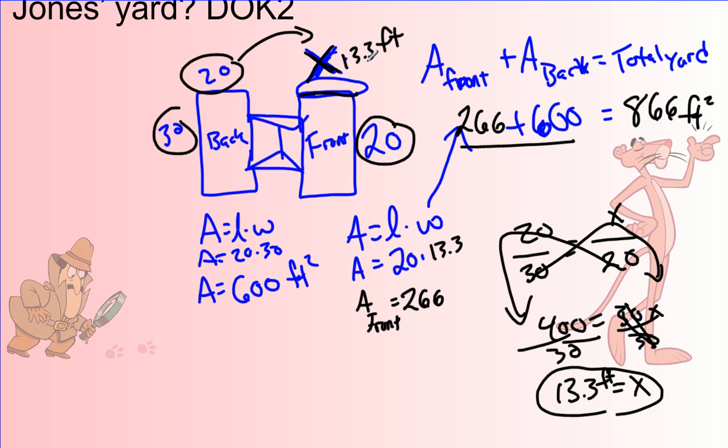The missing piece was 13.3 feet. That allowed me to plug it back into the formula for the area down here. 20 times 13.3 was 266. And that 266 was what I needed for my final answer formula here. And I got an answer: 866 feet squared. That is the area of the Joneses' yard.